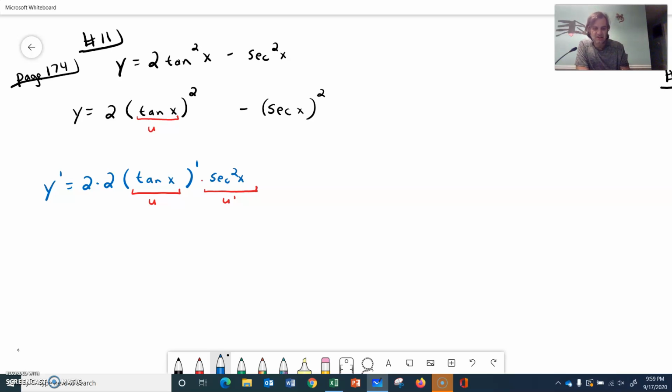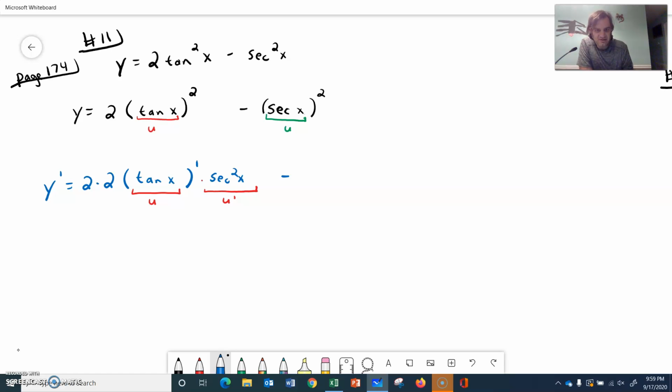Then minus secant squared. I'm going to put the minus here, and once again this is another power rule situation where in this case what's being squared is the secant, so that's the u over here. Let me change colors just for those of you who care about that. I know you may not have the color luxury at home, but this is a different u, so I used a different color.